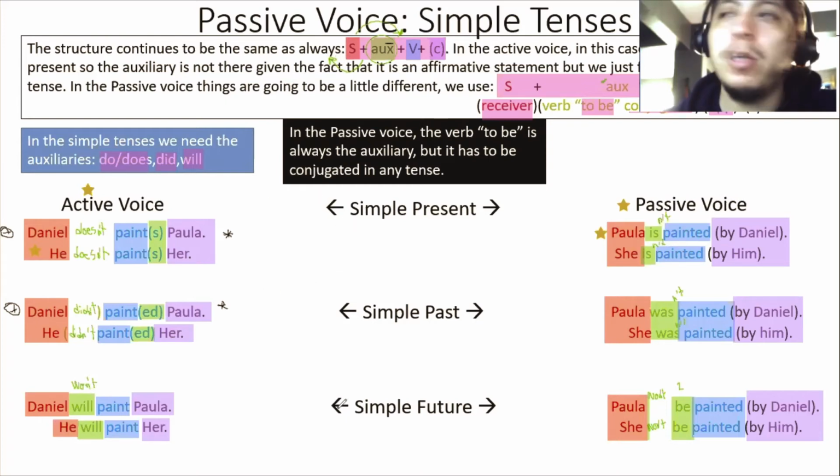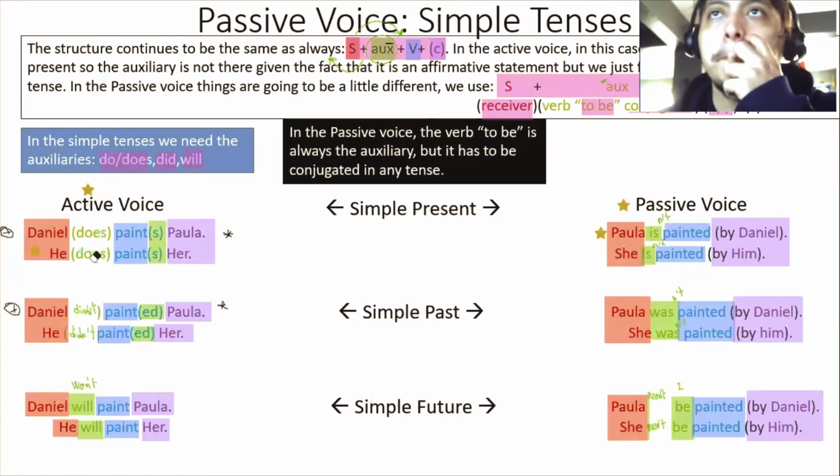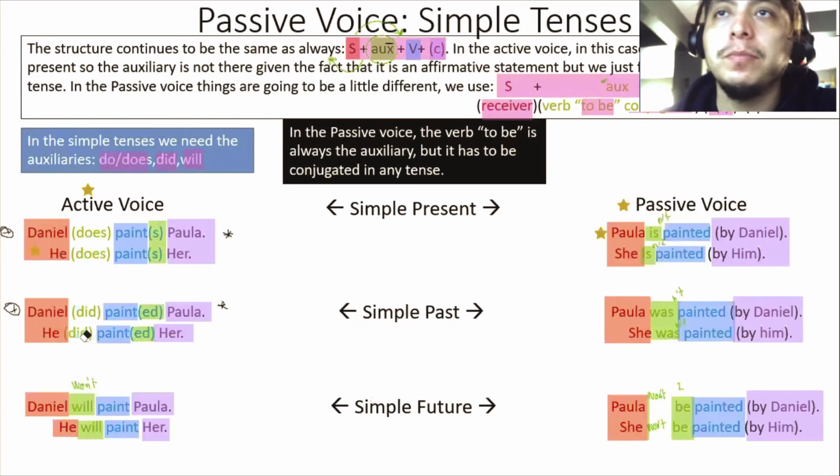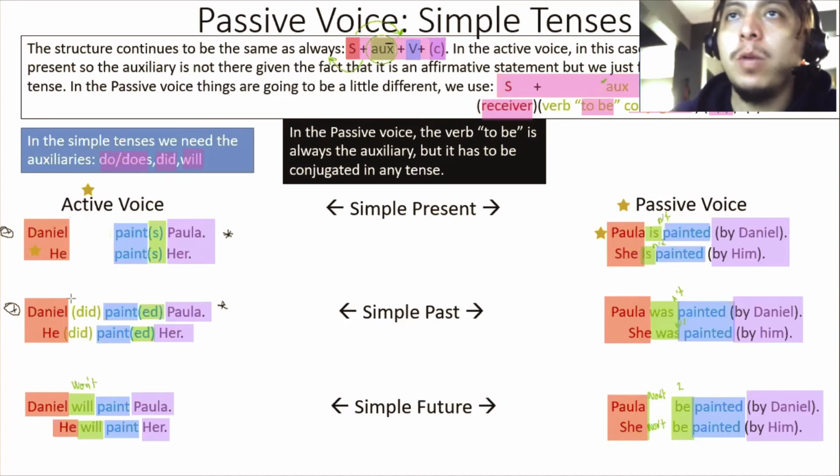So how do we make a question in the simple present? Very simple. Let me just do it again. This auxiliary that wasn't here is going to become mandatory, because the auxiliary is does, or do, or did, and it is going to change positions.